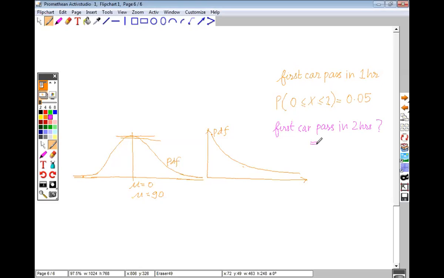If I give you the information that my first car will pass in a time unit is 0.05, then what is the chance that my first car will pass in 2 hours? Think about it. I'll give you guys some time.